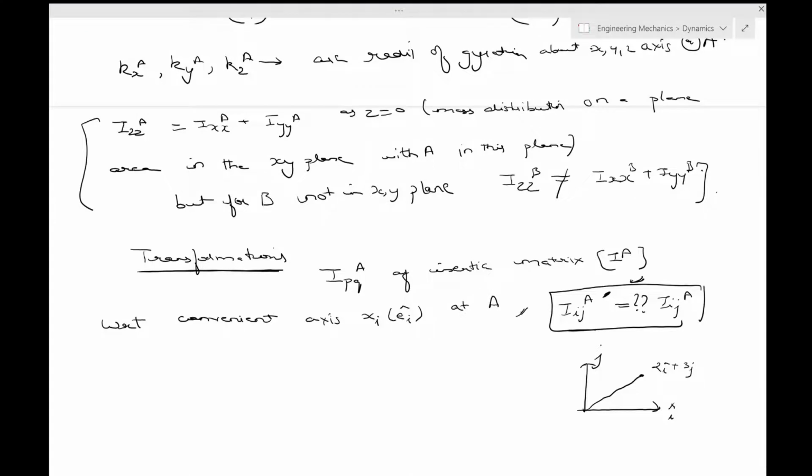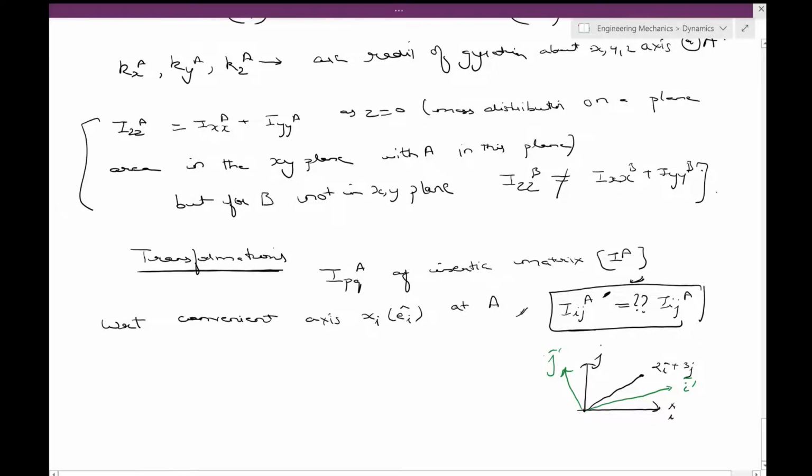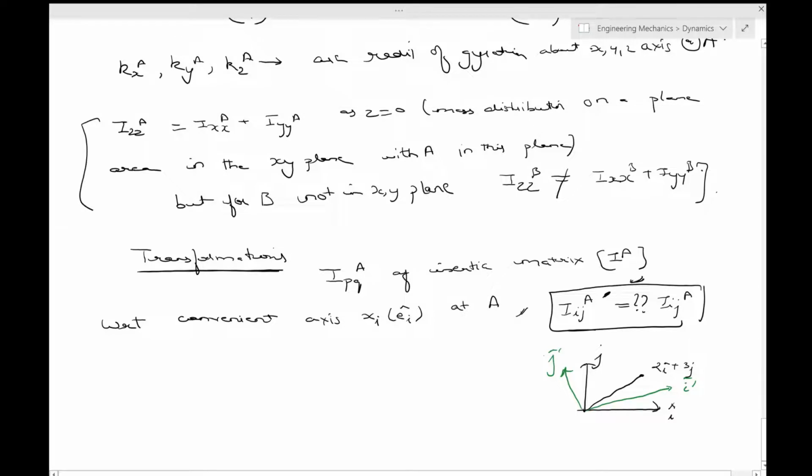Now if I have another coordinate system, say i dash and j dash, and then I ask you what is this vector, then let me not call it 2i plus 3j, but let me call it a i plus b j.